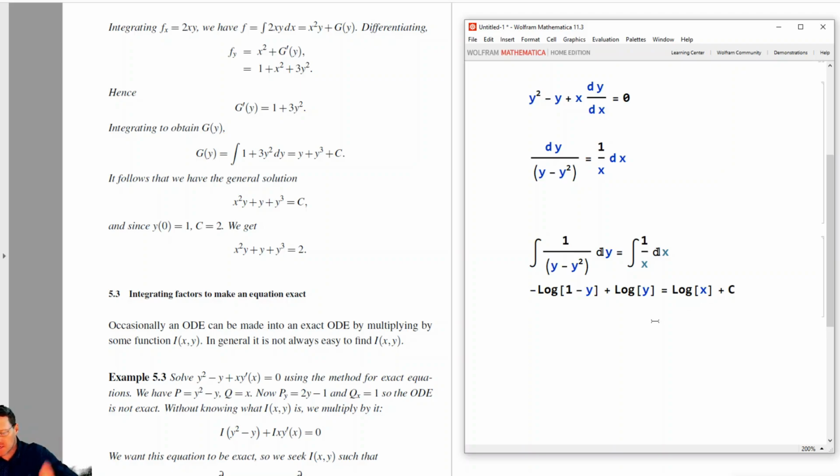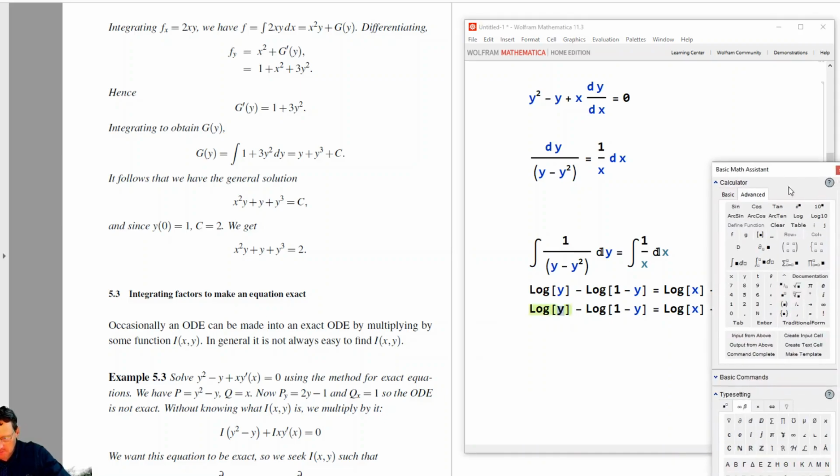Now on the left we can simplify this using log rules, because we can take this as a difference, and then the log rule says that the difference of the log is the log of the quotient. So I can just put it in like this.